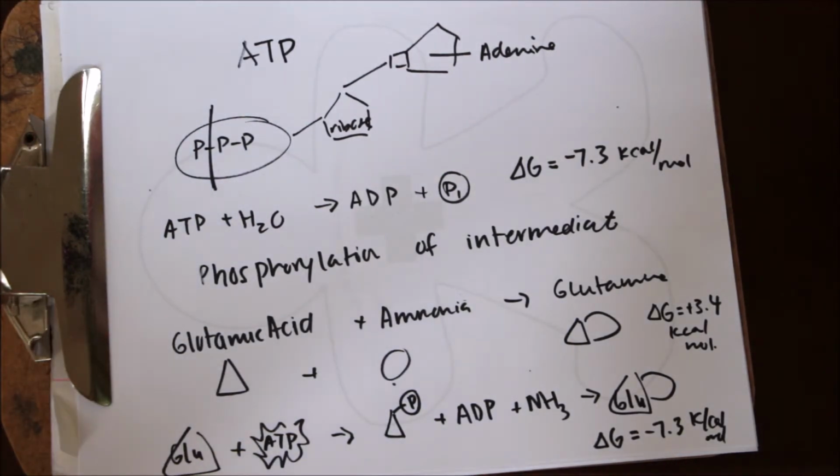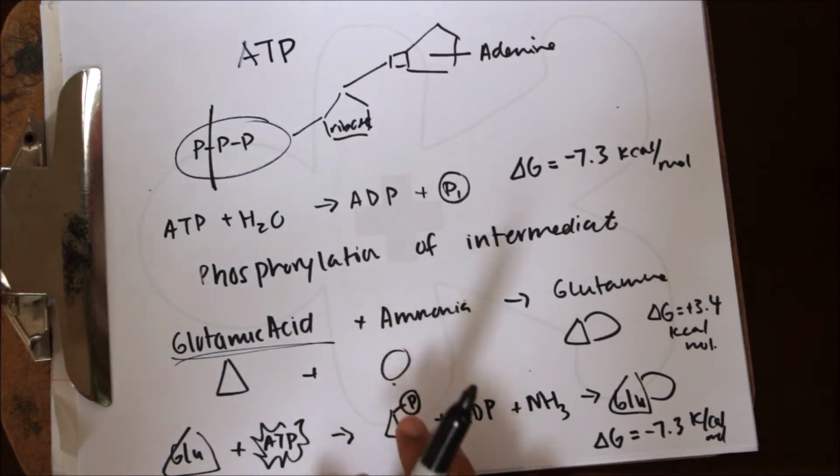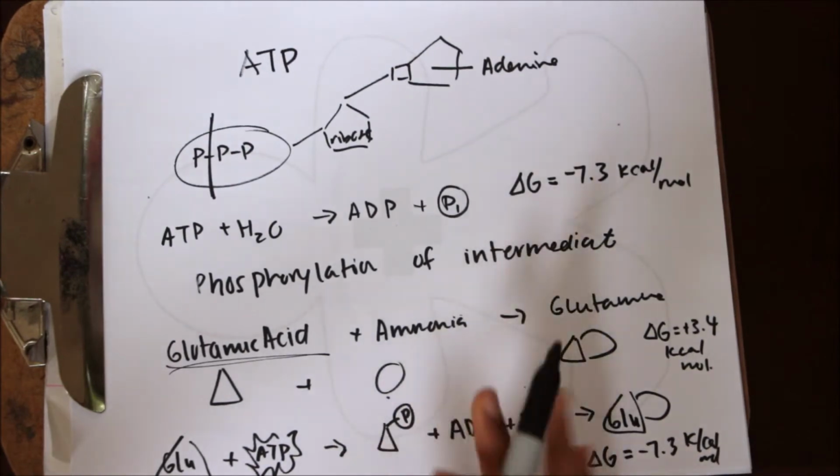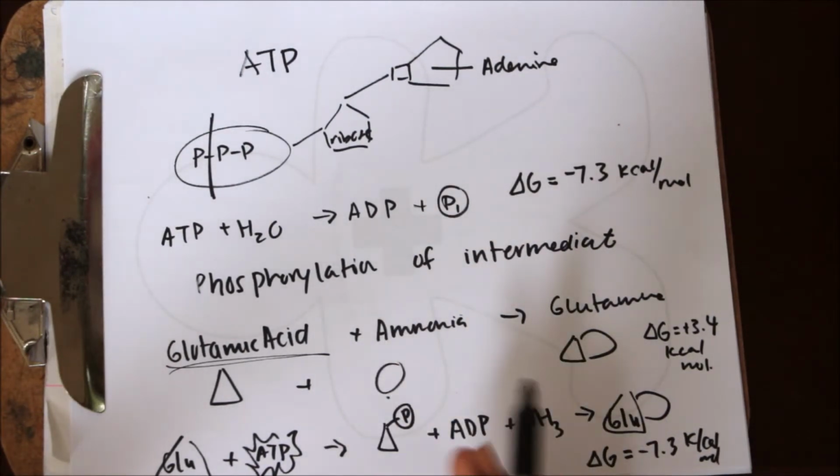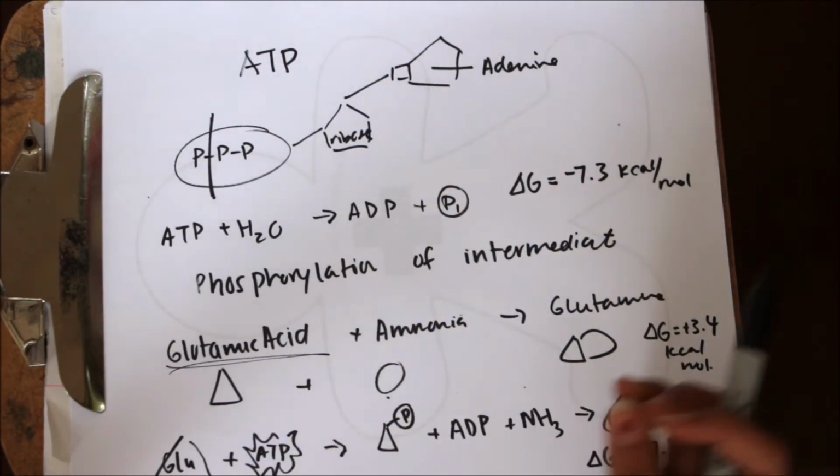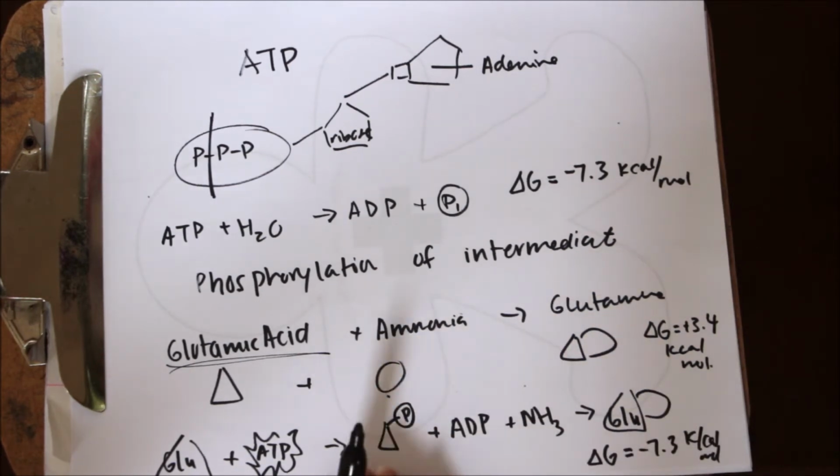To understand what just happened: when you phosphorylate the intermediate, in this case the glutamic acid, adding the P makes the glutamic acid very unstable. When something's unstable, it has more free energy because it wants to change.